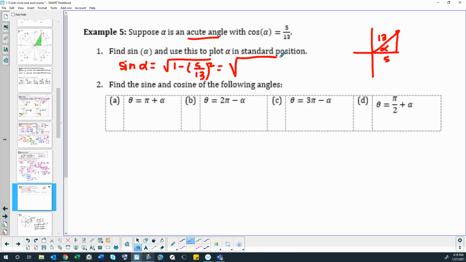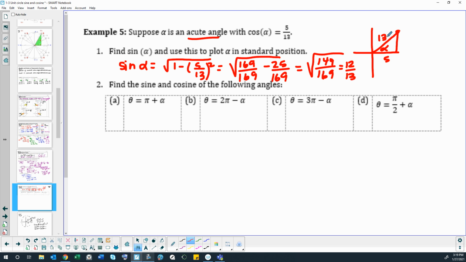So it'll be the square root of 169 over 169 subtracted by 25 over 169.